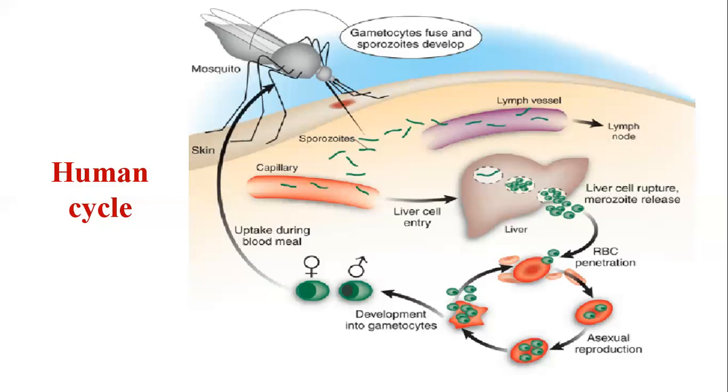So in the blood phase, or bloodstream, the merozoites invade red blood cells and multiply again until the cells burst. Then they invade more RBCs, meaning here they are invading the RBCs, then multiplying there. Here the mode of reproduction is asexual reproduction, which is called schizogony.